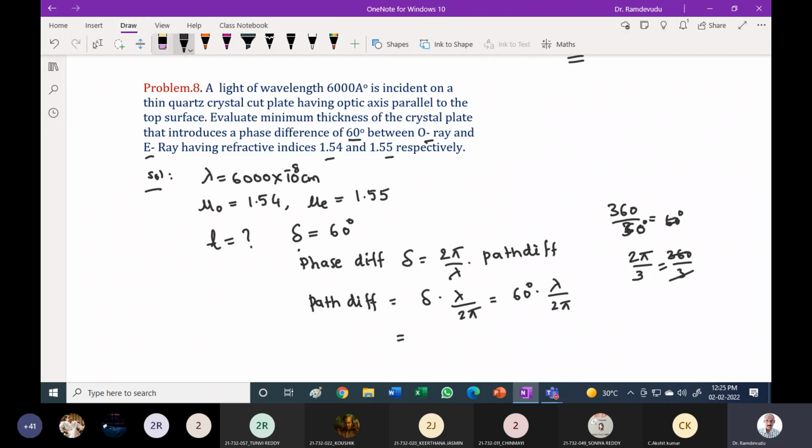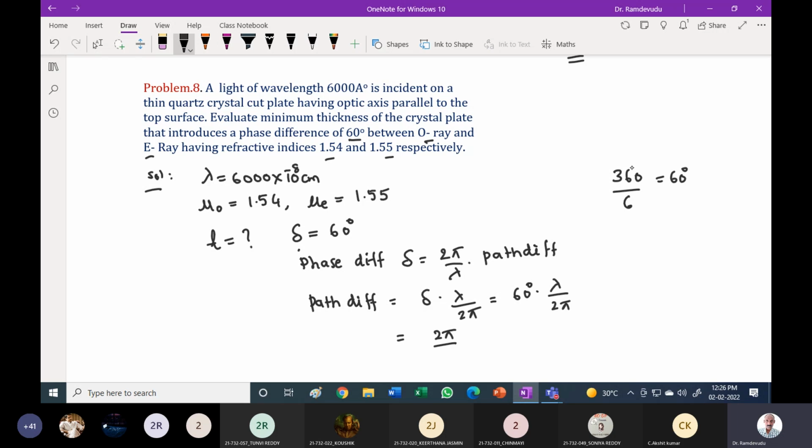I'll just redraw this. 2 pi by lambda. So I have here 360, so I'll write it as 2 pi. 2 pi is nothing but 360 degrees. I want 60 degrees here only, therefore I have to divide this by 6.